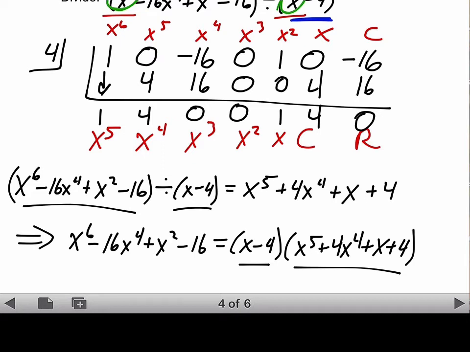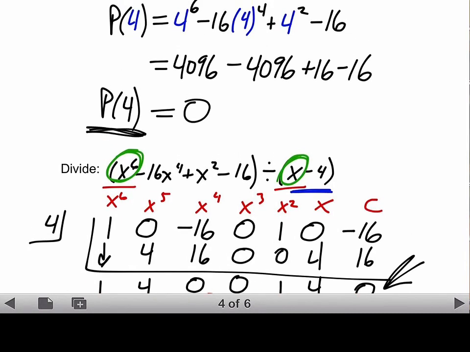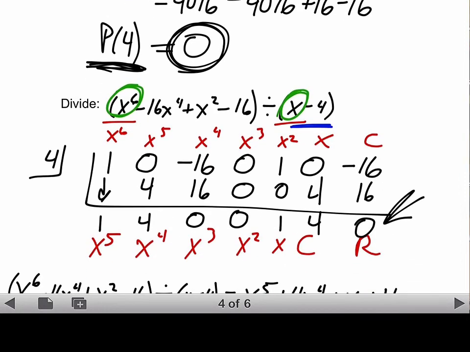Let me rephrase all of that. We had a 0 remainder that gave us a factor, the divisor x minus 4. When we scroll up here, we see that when we put 4 into the polynomial, we had an answer of 0. The remainder theorem says that the remainder that I get is the original polynomial evaluated at the number that's in the penalty box.